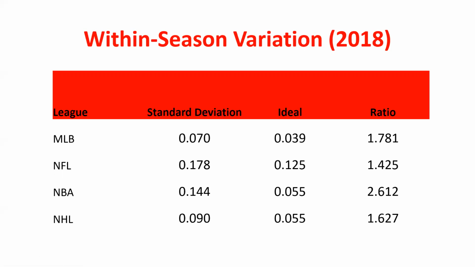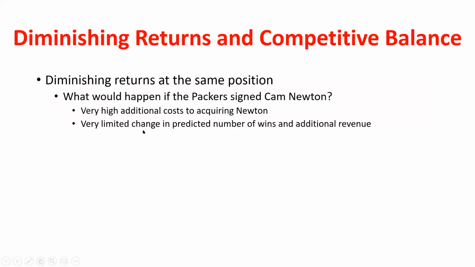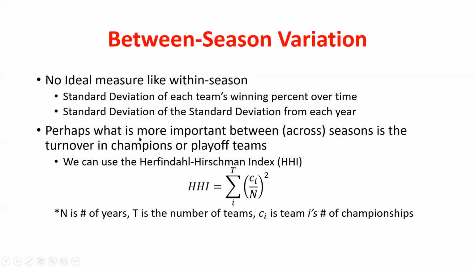I could then say, okay, across these 20 years, what has the variation been in that standard deviation? So how much variation is there in this measure that we're using to proxy for competitive balance, which is the standard deviation in each year.